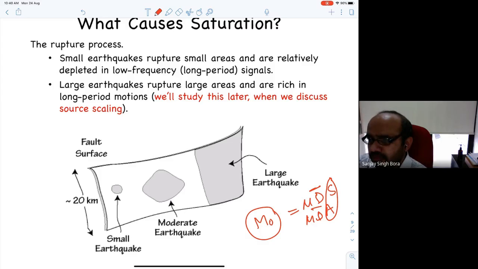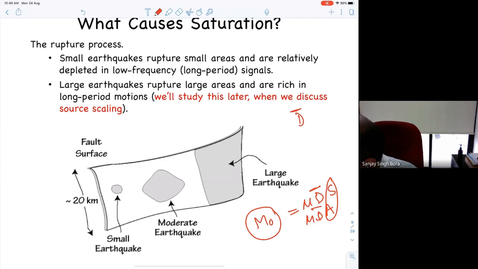A smaller one will not have that much. But in relative terms, if you take the percentage, a smaller fault can also slip more. Smaller earthquakes mean the slip is smaller, so the D will be smaller for them, and they usually have a smaller area, right?